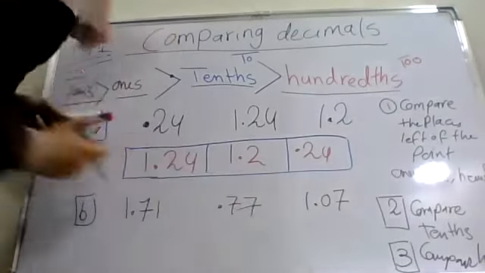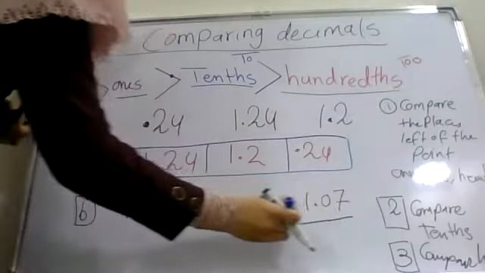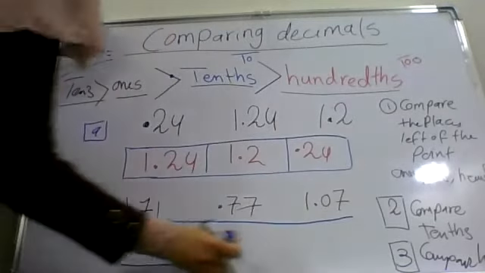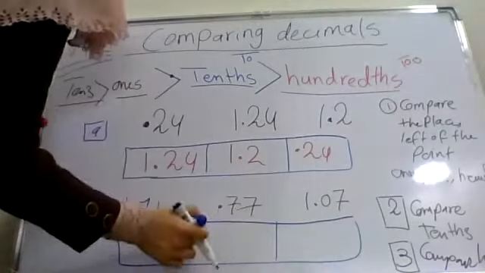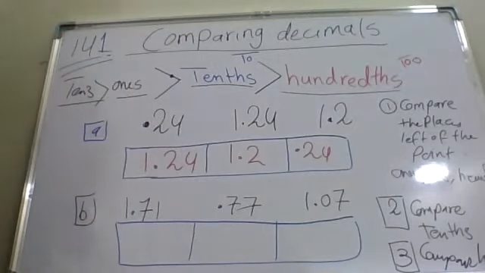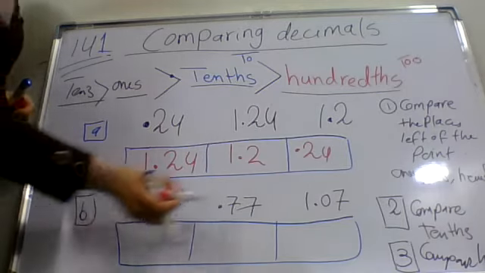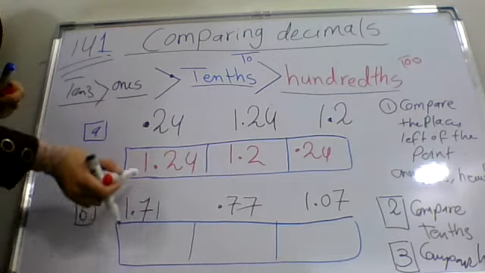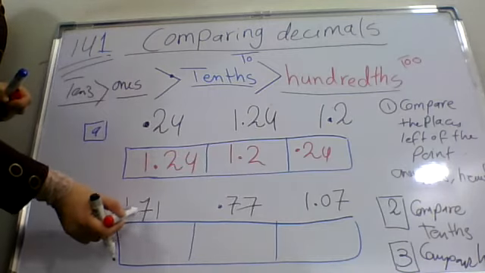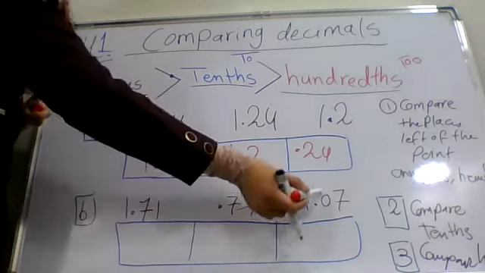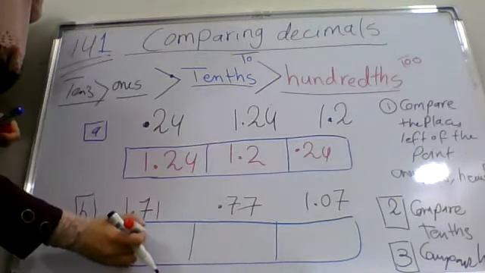Okay, and you have to order them by comparing them for sure, and write them from the greatest to the smallest. Look at the first one. I need to find the greatest number. Look at the ones place, it has 1, 1. Look at the next place, which is the tenths. I have here 1.7, and here I have 1.0. So I write it, this is the greatest number.